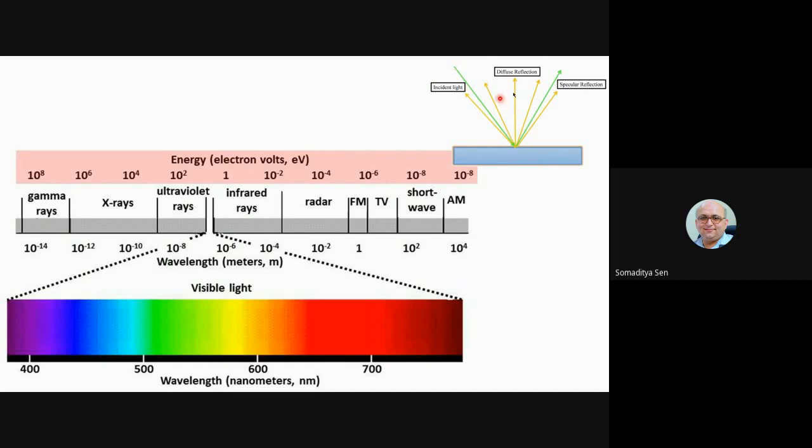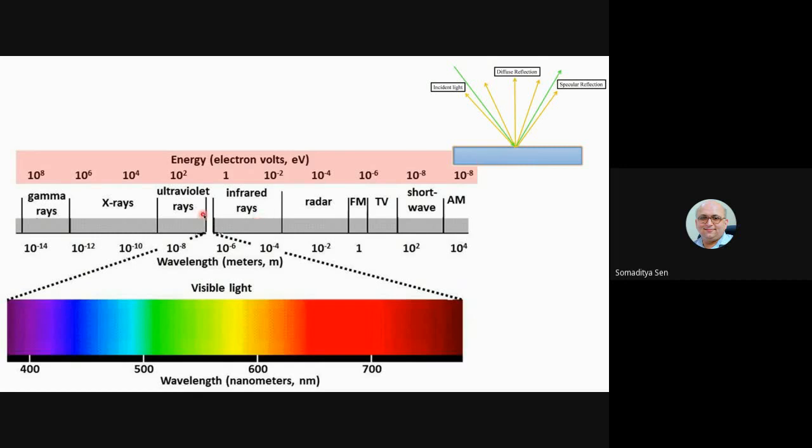What is the difference between diffuse reflection and specular reflection? The specular reflection happens at a particular angle, but diffuse reflection generally happens in all directions. So diffuse reflection is not due to the plane surface; it is more informative about the properties of the material.